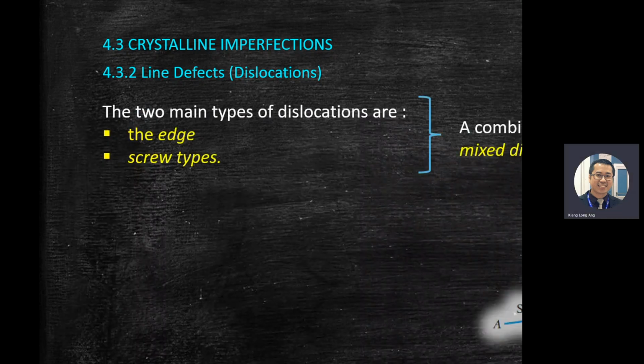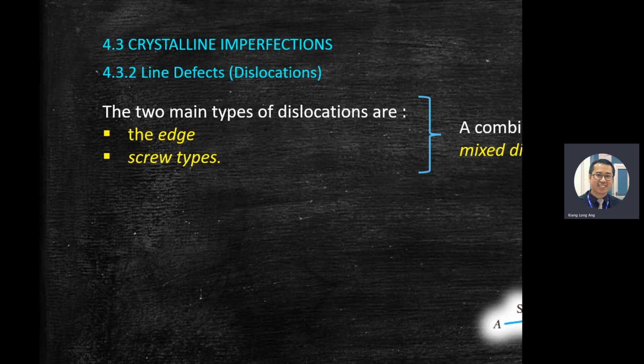So we have two, then there's a mix. If you have a mix, then it is a mix of two. Like what you see on the screen here, you have a mix of edge and screw. So this is edge. This is edge. So you see the line is missing. How do you draw the symbol for this edge? Inverted T over here. Then this is a screw.